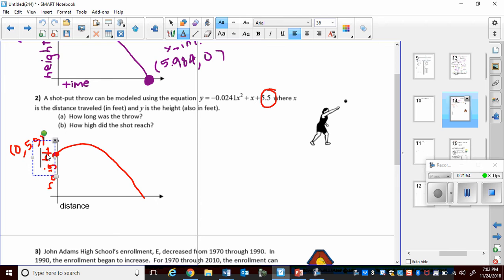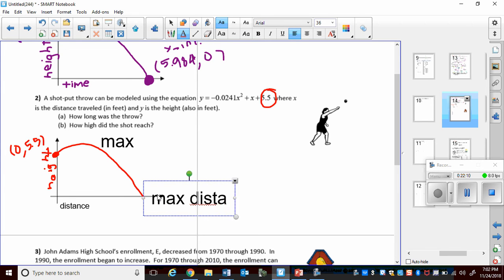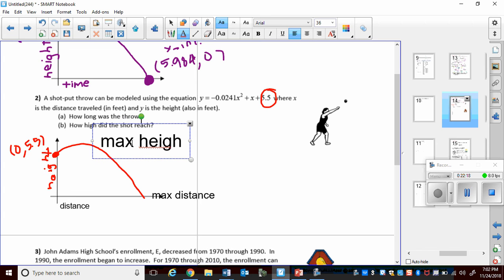So I'm just going to go back and try to, well, it's not going to work, but my maximum is over here. This is my max. Here is my max distance. Okay. So this is my max distance, and right here, this was my max height.